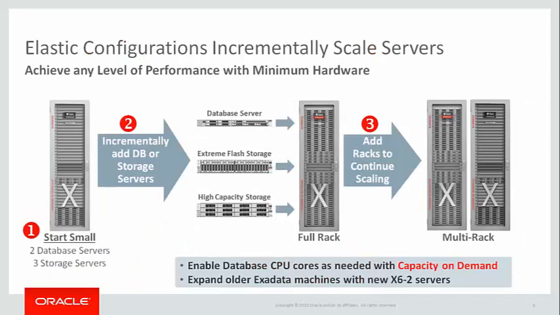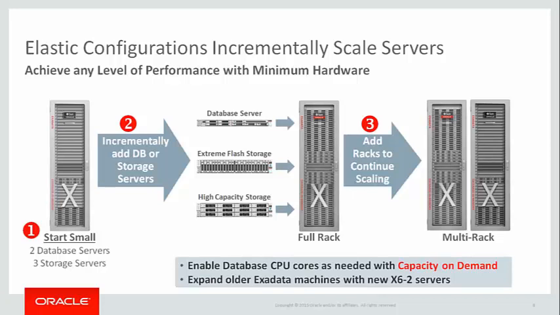So what I just spoke about was full rack details. Exadata is also very flexible, and it allows you to start small and scale big. The smallest configuration you can purchase on Exadata is a quarter rack, which is the minimum highly available configuration. It offers 2 database servers and 3 storage servers.